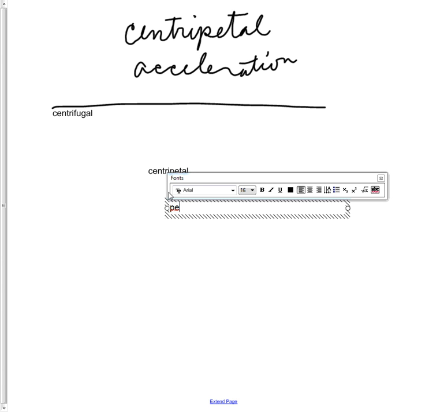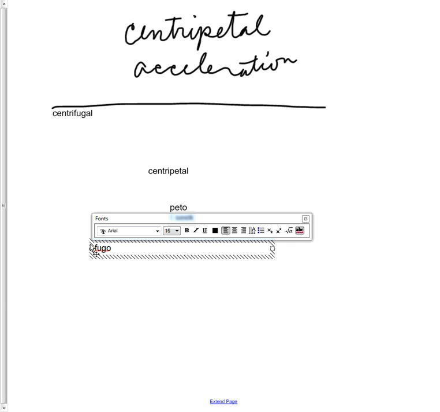Petal, that comes from the Latin word peto. I'm sure some of you are taking Latin. Peto means I seek. So a centripetal force is a center-seeking force, whereas centrifugal, F-U-G-O, fugo, is the Latin word for I flee.